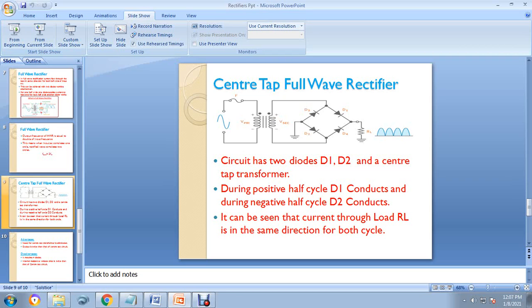During the positive half cycle, D1 and D2 conduct, and the resultant is the positive half cycle at the output, whereas when the negative half cycle is given, the diodes D3 and D4 conduct and give the replica.